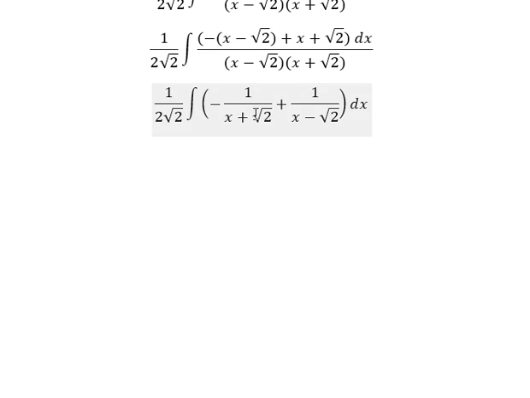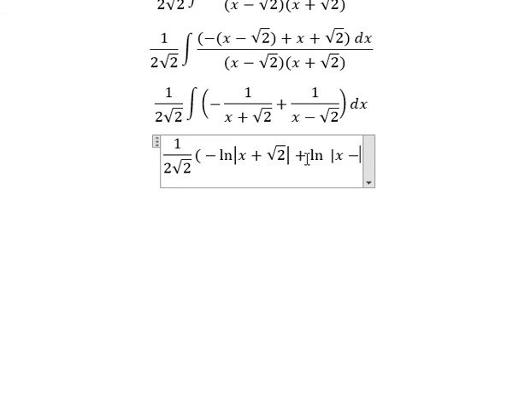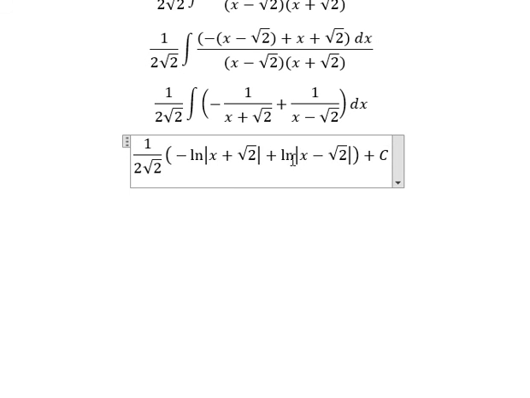And now we have the final answer. The integration of this one, we have negative ln of the absolute value of s plus the square root of 2. And the second one, we have s minus the square root of 2. And we put c in here.